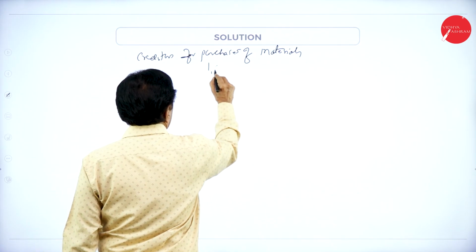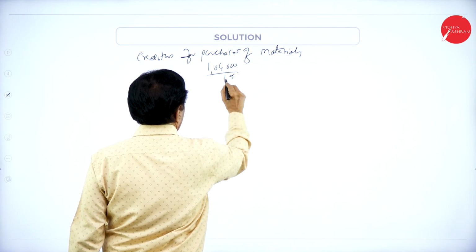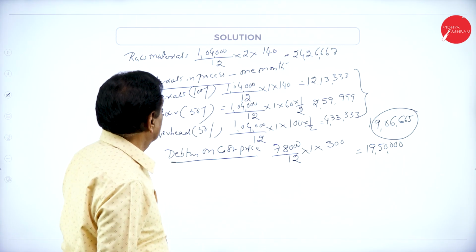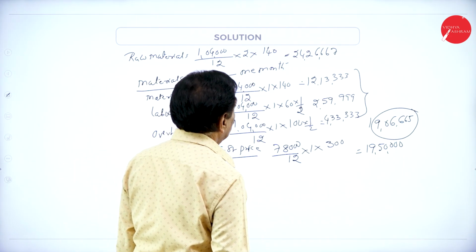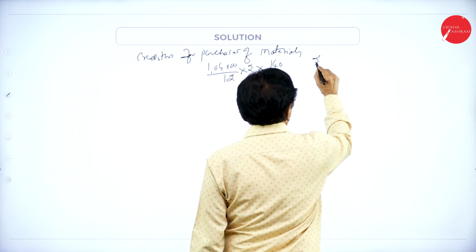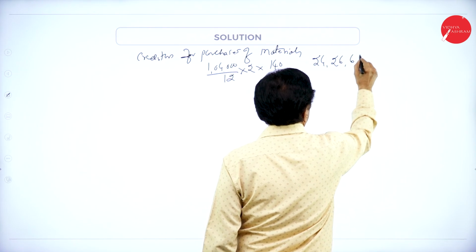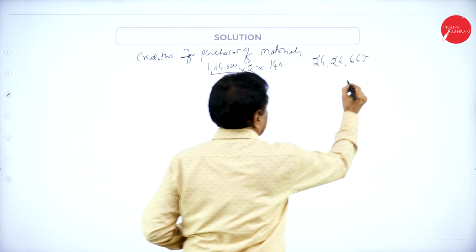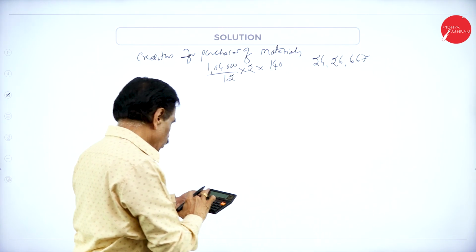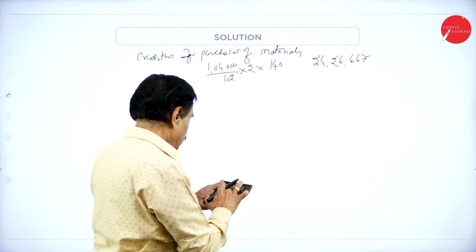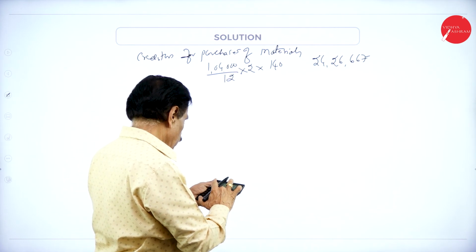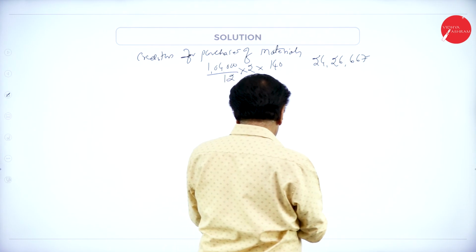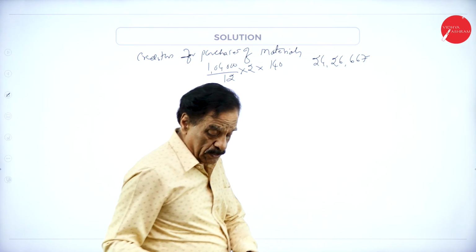So 1,04,000 divided by 12 into 2 into 140. So 24 lakh 26,667. So that goes.